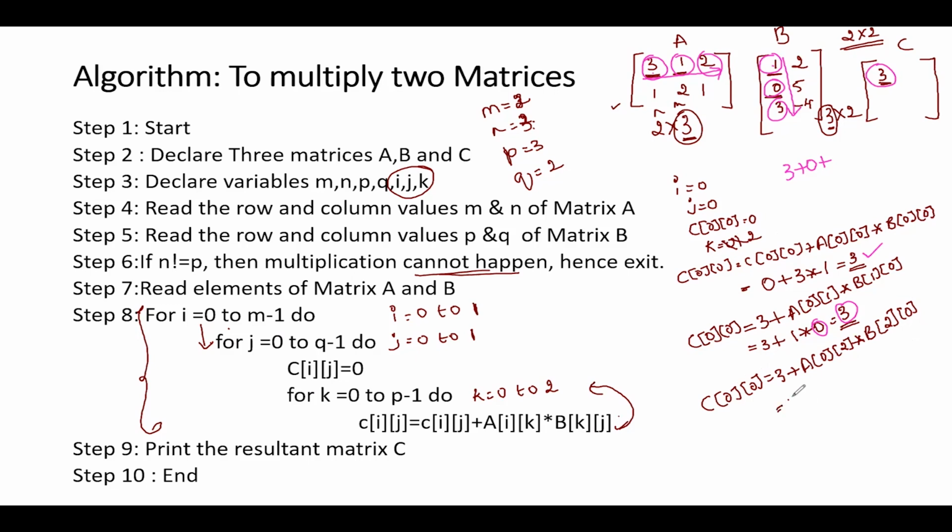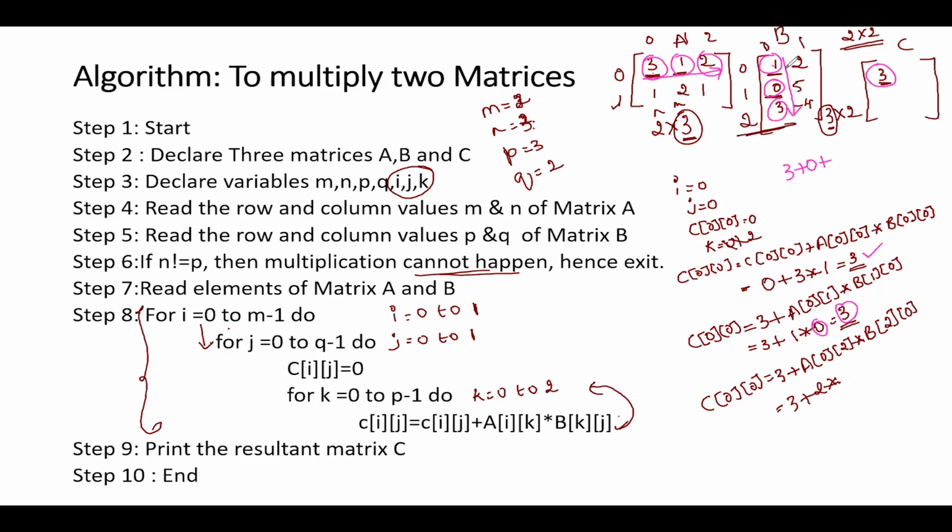All right. Now quickly let us see the values. 3 plus A of 0 comma 2, 0 through second column. Okay, so this is 0, 1, 2. Second column is the value 2 into B of 2 comma 0, which means second row. This is 0, 1, 2, and this is 0, 1.